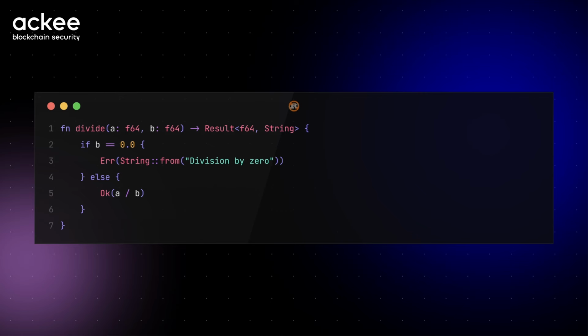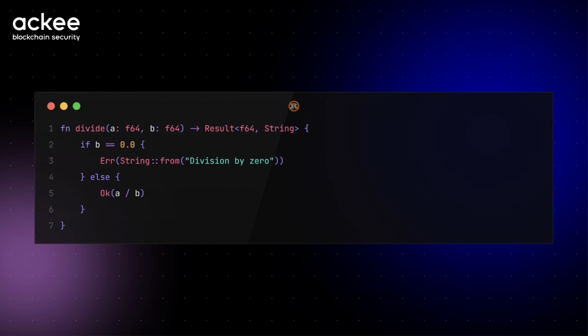In case b is not equal to 0, we actually can divide, and we return the result of this division, wrapped in Ok, as you can see on line 5. So basically, you are telling in the function definition that you would like to return Result.